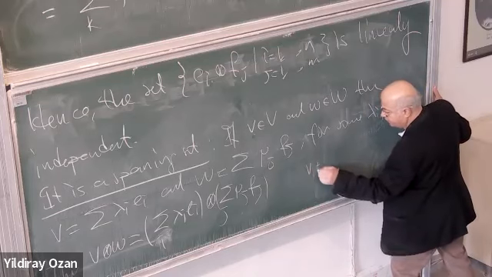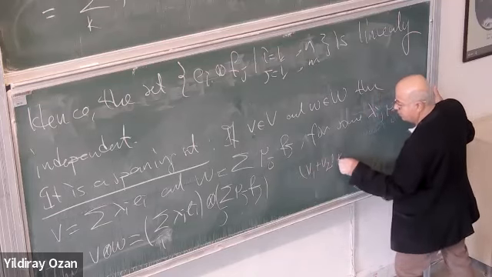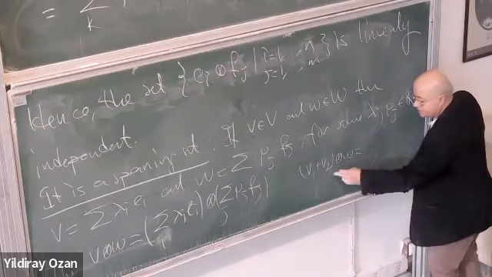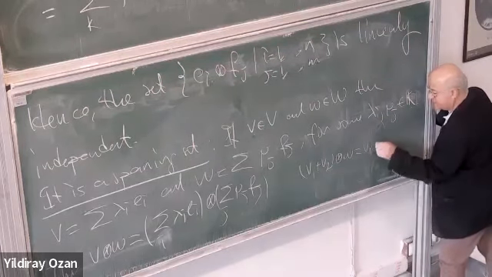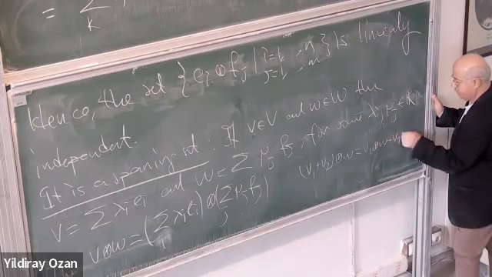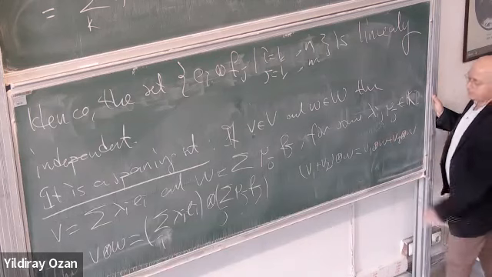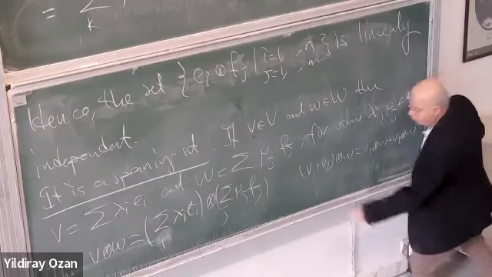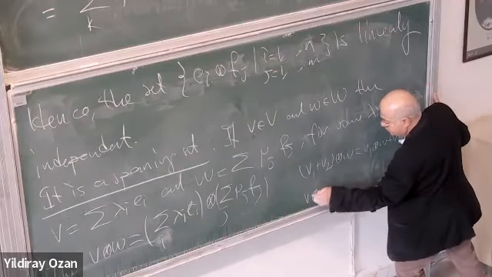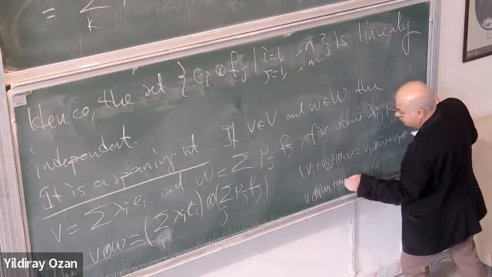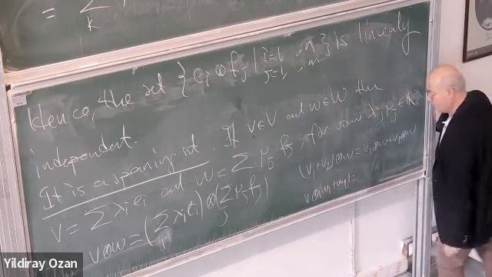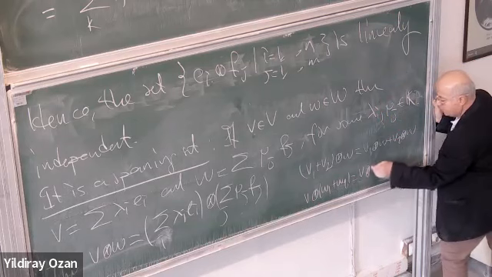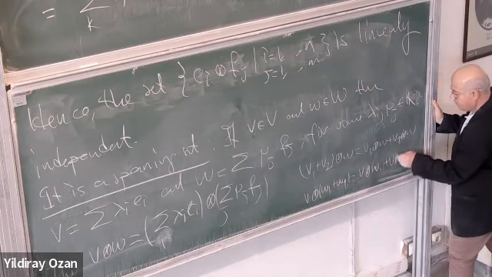If we have something like this, this thing is equal to this. And of course, you may do something similar here: v tensor (w1 plus w2) is also equal to this one.